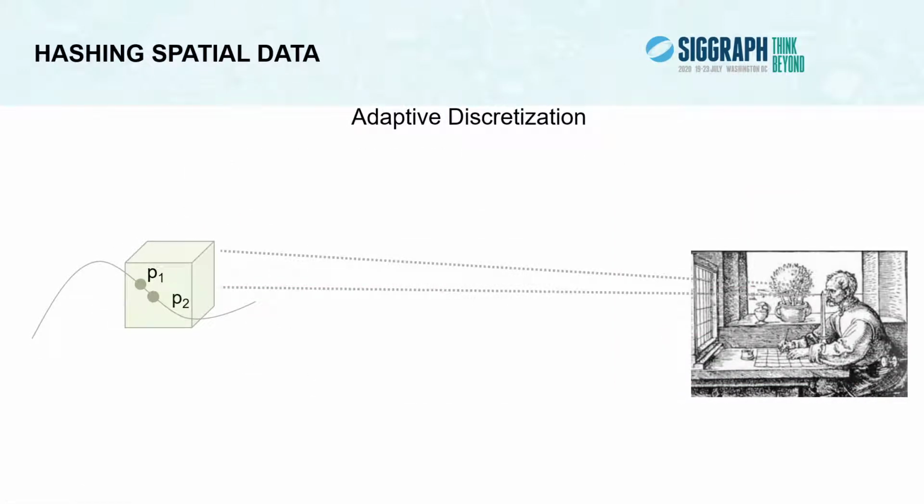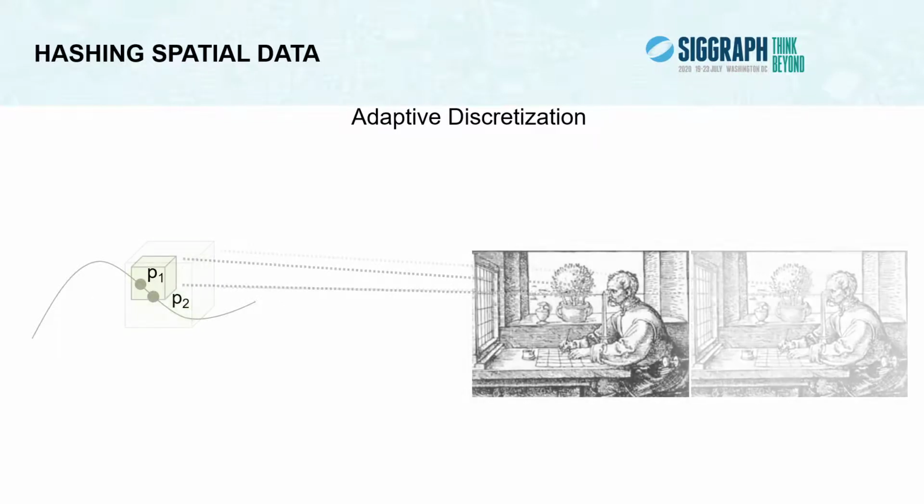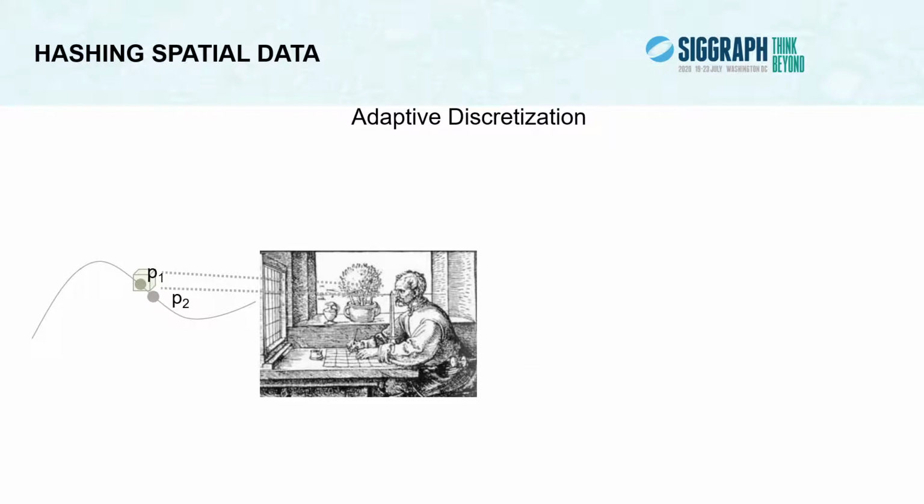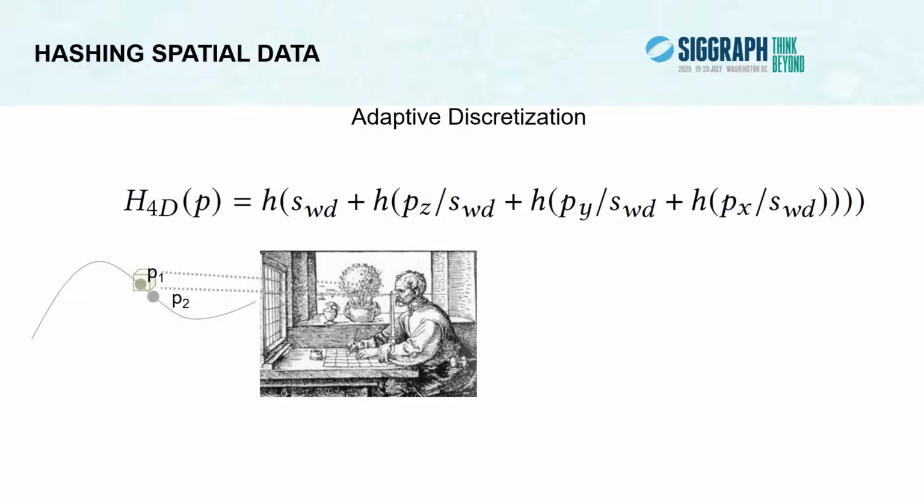Then if we do that, we can be far away and have a discretization step that matches our pixel, and then move closer and adapt our discretization step, and so on. So to include this in our hash function, we need to make it 4D, because we will discretize with our adaptive discretization step, and we use this step size as a LOD identifier, if you will. So we'll also hash that on top of the 3D coordinates.